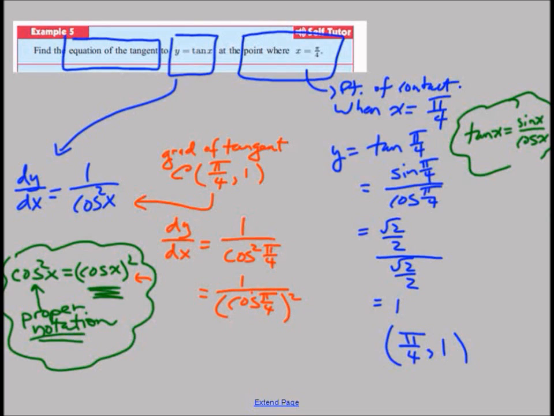Okay, and it's okay to use that notation at this point. Cos pi over 4, we already found out, is root 2 over 2. So that's 1 over root 2 over 2 squared. Root 2 squared is 2, 2 squared is 4. 1 over 1/2, which is 2. Okay, so the slope is 2. The gradient of the tangent line is 2.